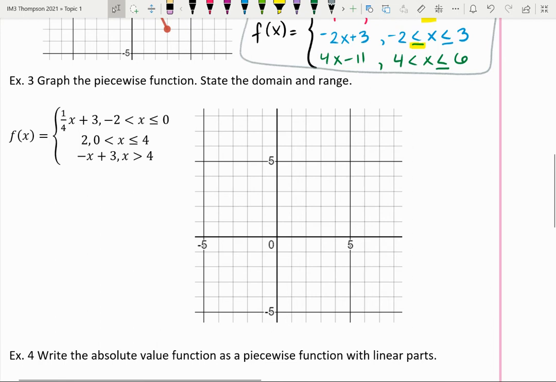For example 3, now we're going to make our own graph given the function. So go ahead and write down that entire function and make a spot on your paper for this graph.